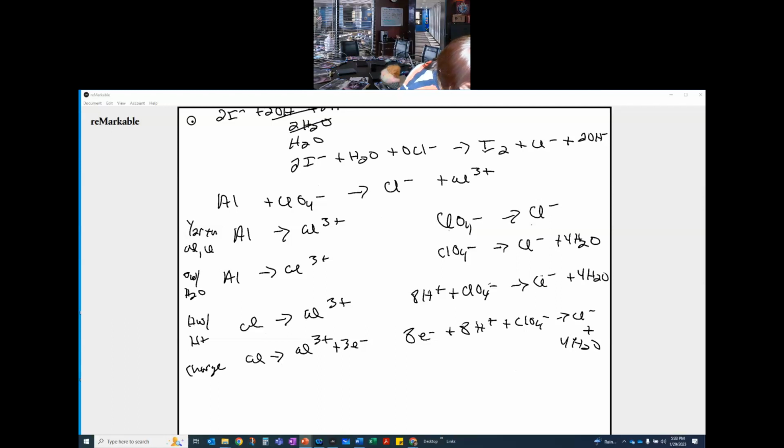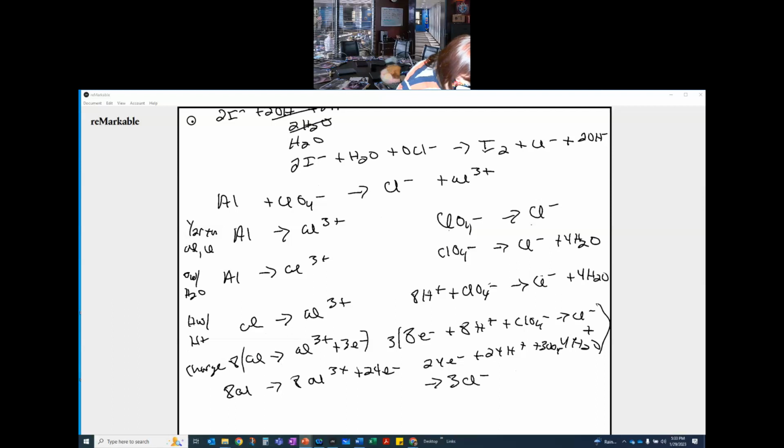So now I have 8 here, 3 there. So 8 times 2 is 16. Oh, that doesn't work. So let's just go 8 here and 3 there. If it's too much, I can always reduce it. So 8 Al goes to 8 Al3 plus plus 24 electrons, 24 electrons plus 24H plus plus 3 ClO4 minus goes to 3 Cl minus plus 12 H2O.